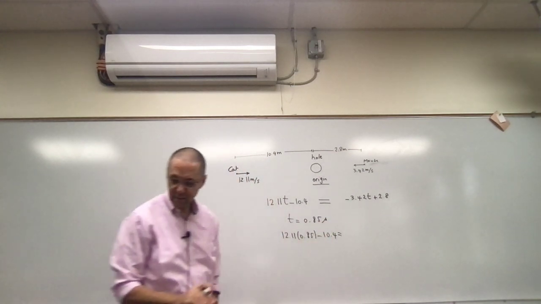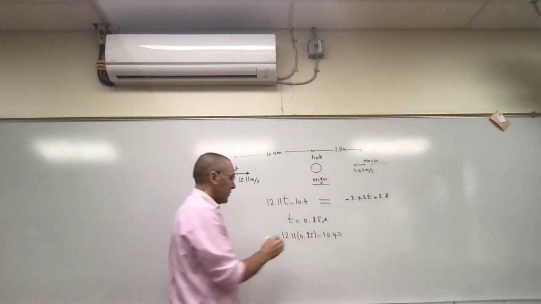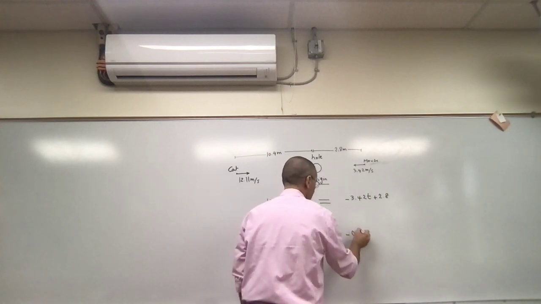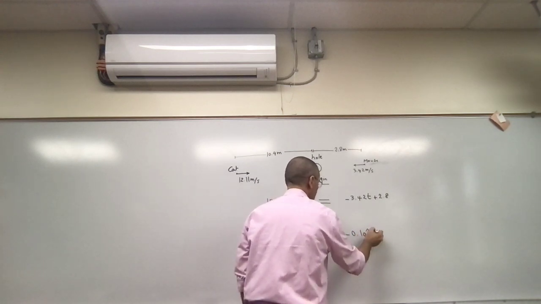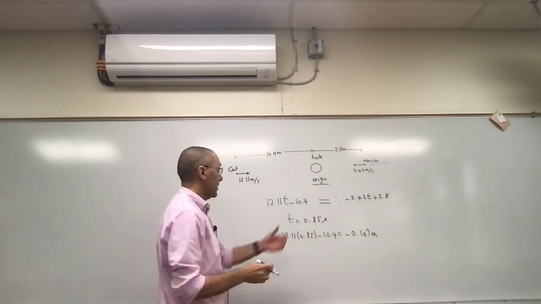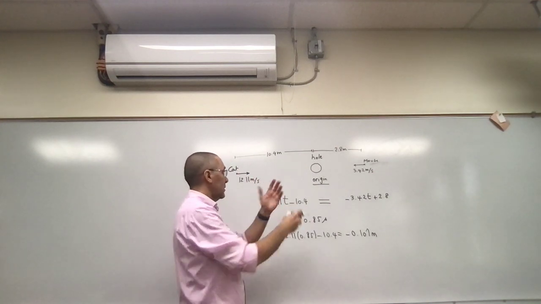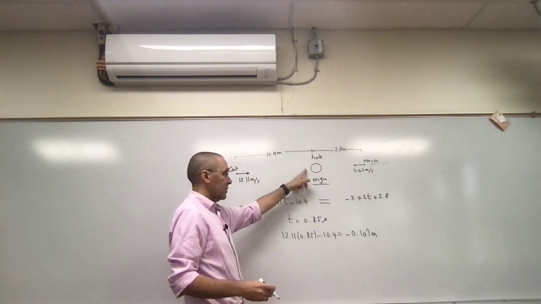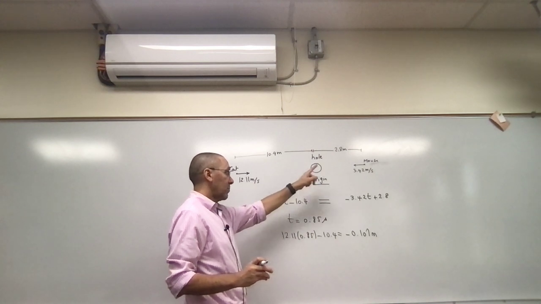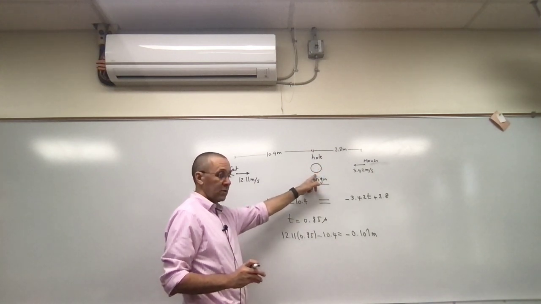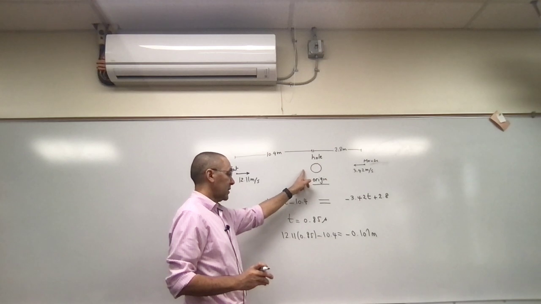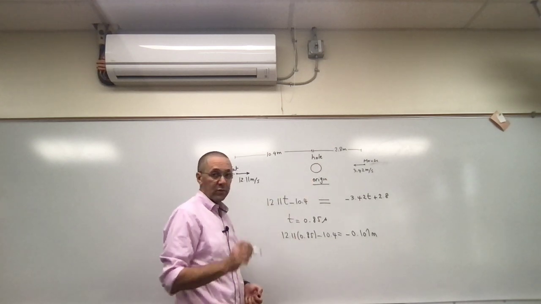When I did this, I got negative 0.107. So if the hole is not there and they just run at each other, they're going to meet somewhere in here. Which means the mouse got into the hole first. It's not going to keep running to meet here somewhere. So no lunch for the cat.